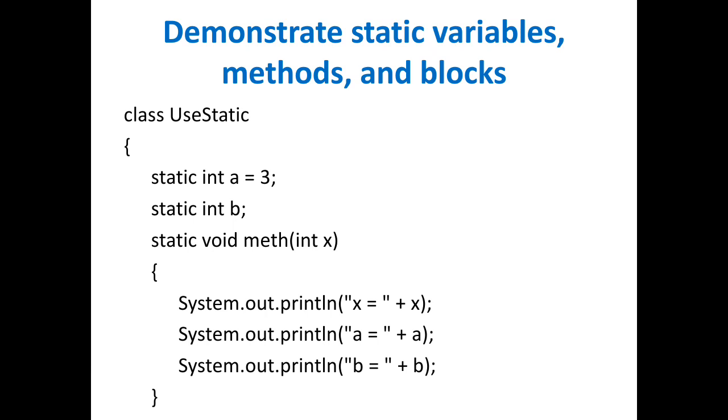Then b is also a static integer variable. We have the static method meth with the parameter x passed. Here x is an integer variable, and within the meth static method we will be printing x value, a value and b value.